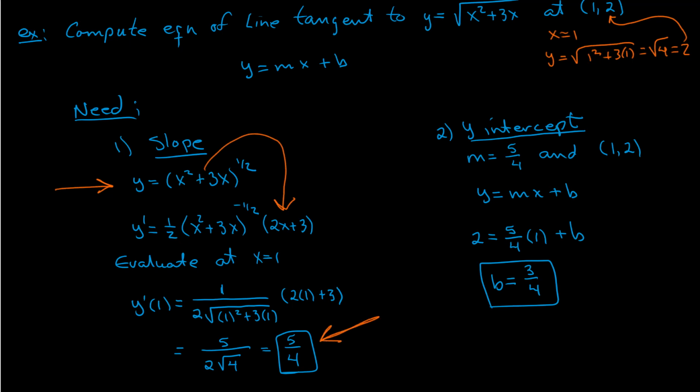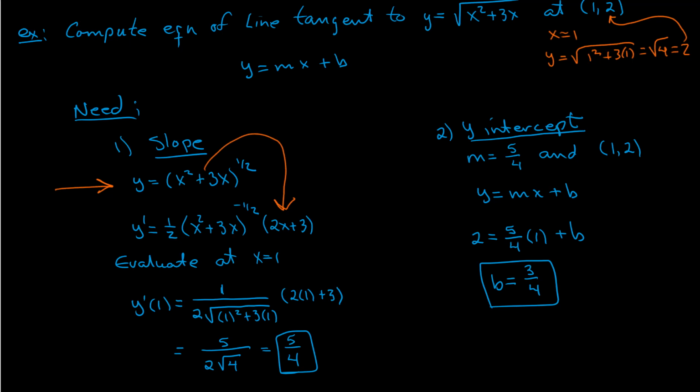Ta-da! There it is. To compute the value of b, the y-intercept, I'm going to take the slope that I know, 5/4, and substitute it into y equals mx plus b. I'm going to take the x value of 1 that I'm working with, as well as the y value of 2, and substitute those in as well. What that leaves me with is 2 is equal to 5/4 times 1 plus b.